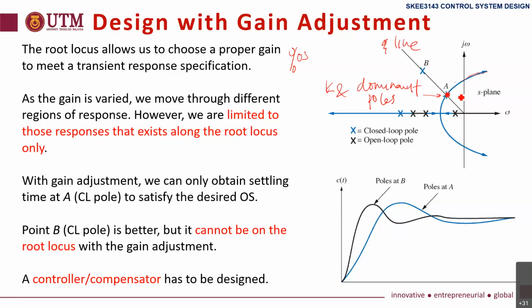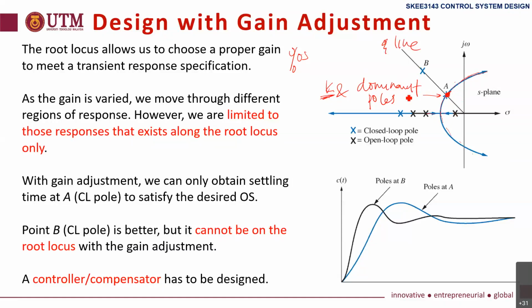And we can see that when we adjust K, the closed loop pole changes according to the root locus. It must be on the root locus, which in this case is the blue line.